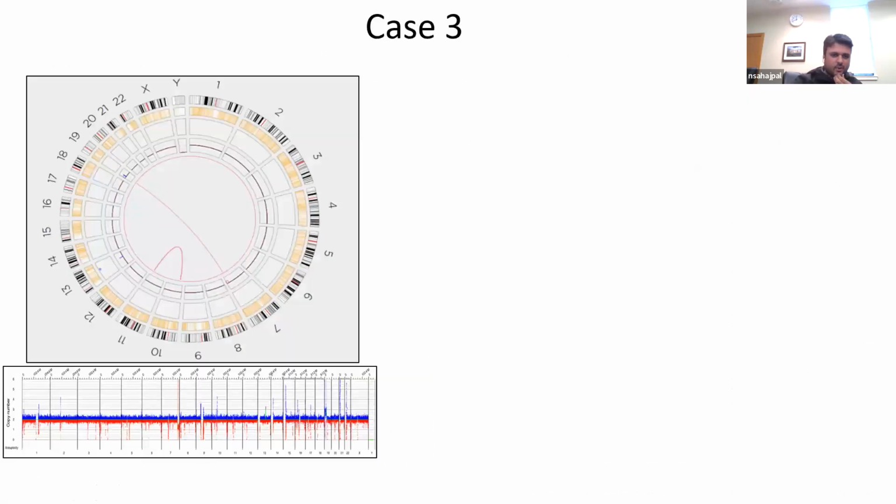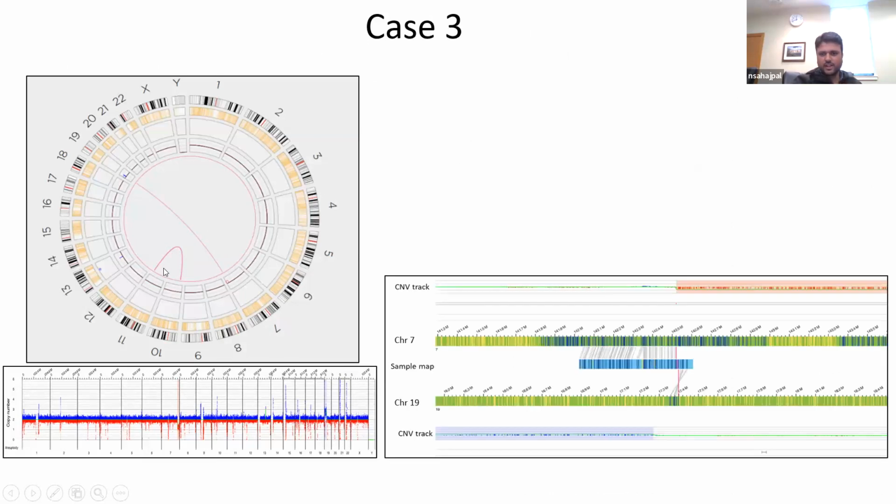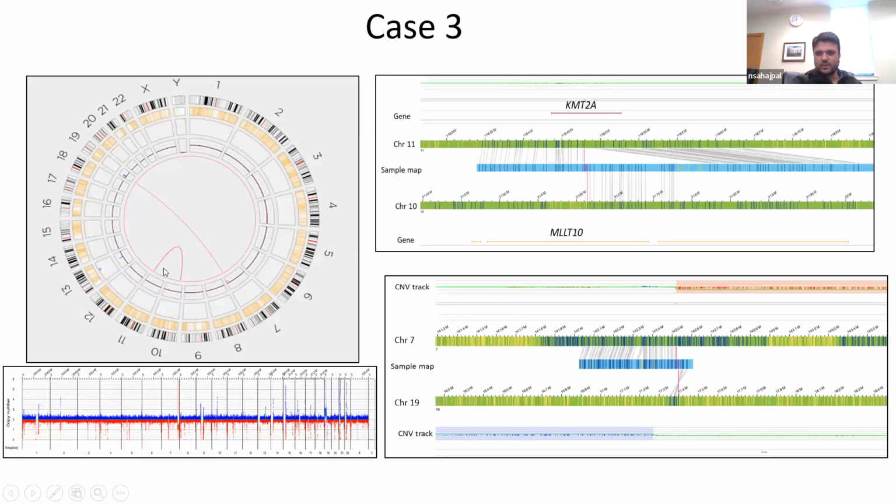And when we ran this on optical genome mapping, you can see that we see a cryptic 7;19 translocation, and then a rearrangement in 10 and 11, which was actually very complex, where just this region of chromosome 10, which is MLLT10, was inserted in chromosome 11, breaking the KMT2A gene.